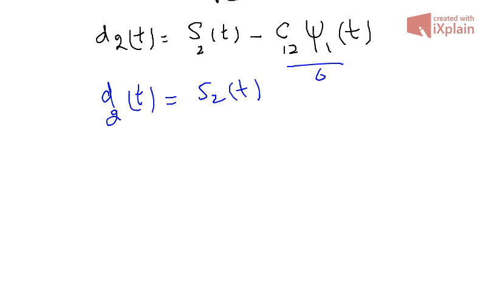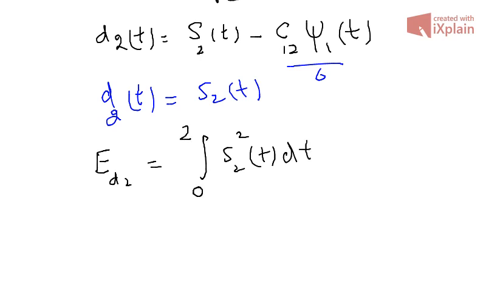Now we have to find out the energy of this signal, and for the energy of d2, it is the integral of the square dt, and it exists from 0 to 2, right? The square only exists from 0 to 2. So if you integrate it, you end up with 2. So this is the energy of your signal d2.